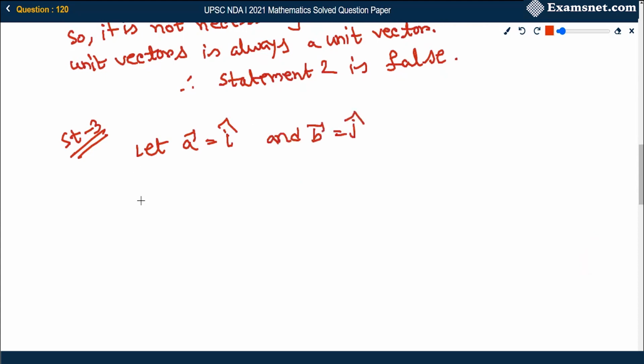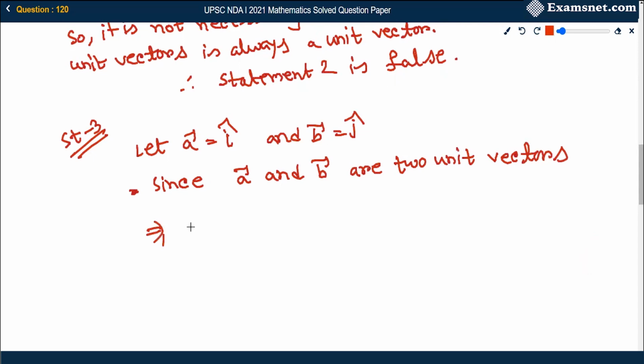So as A and B are two unit vectors, the magnitude of the sum of these two vectors is root 2, because these two are unit vectors also, and the magnitude of the difference of these two vectors is root 2.